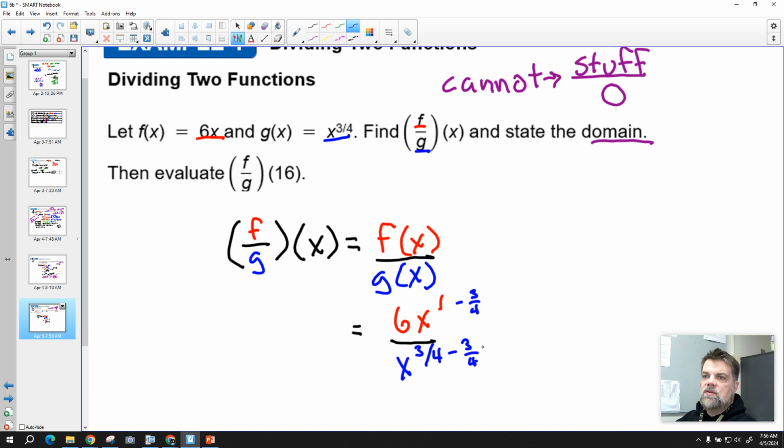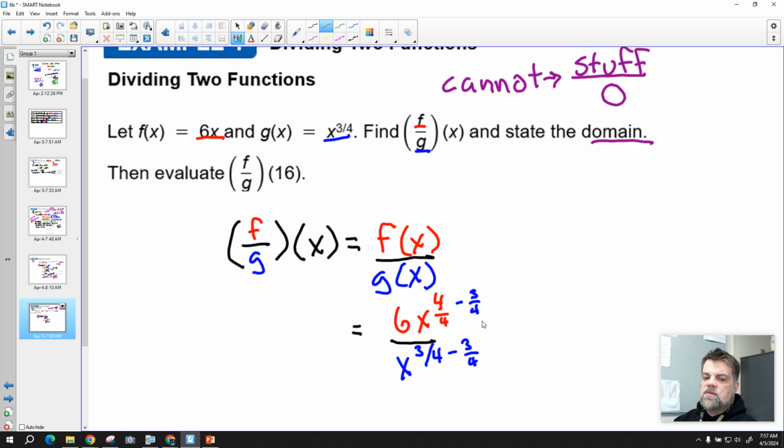Well, what's 1 minus 3/4? Anybody know off the top of their head? Well, let's assume you don't know it's 1/4. Remember that with fractions, when we add or subtract them, we need a common denominator. So isn't the whole number 1 the same as 4 over 4? Yep.